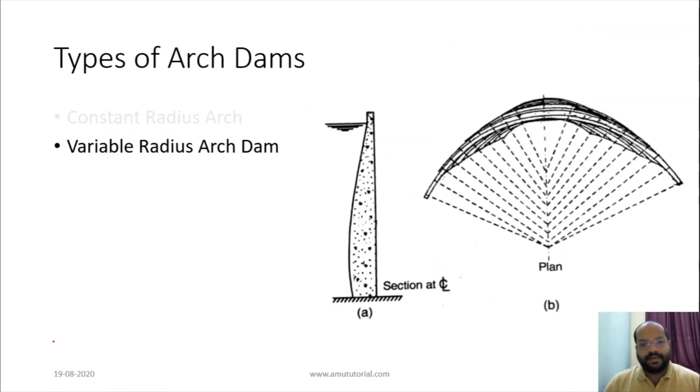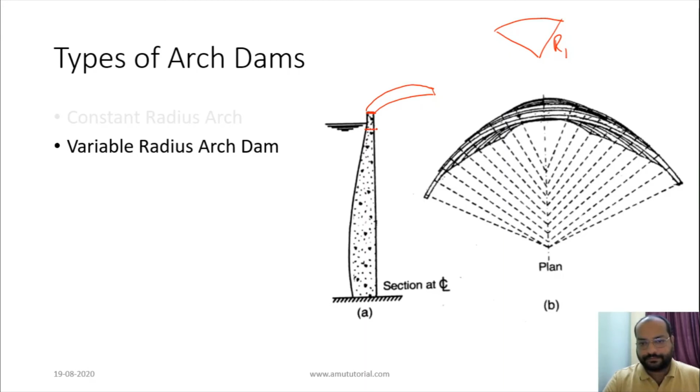Another example is variable radius arch dam. Contrary to the previous example, in this case the radius will vary at all the elevations. Suppose this is the top and the radius here is say r1.